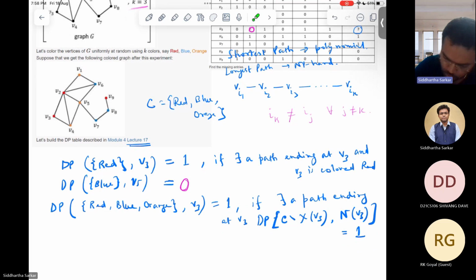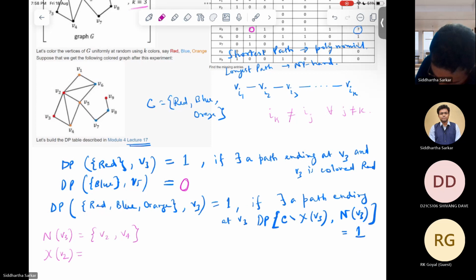Yes, it will come into the picture. For example, here you can see that the neighborhood of V3 consists of two vertices V2 and V4. So what is the color of V2? The color of V2 is red.